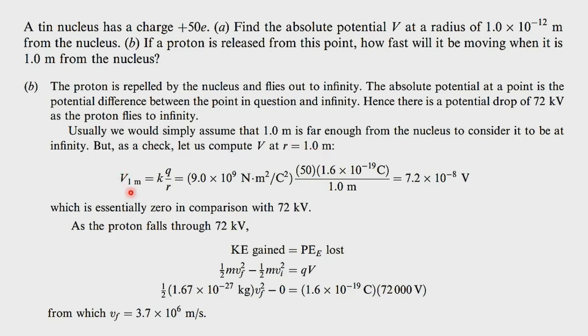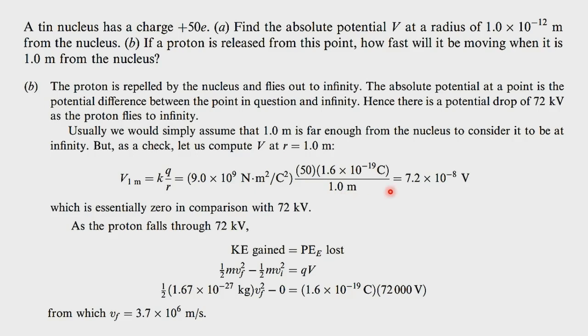And so the formula is still the same. Our absolute potential V at 1 meter is equal to K times Q over R. K is the same constant, 9 times 10 to the power of 9 newton meter squared over coulomb squared. And our Q is also the same, 50 of those elementary particles, 1.6 times 10 to the minus 19 coulomb, divided by 1 meter as our infinity value.